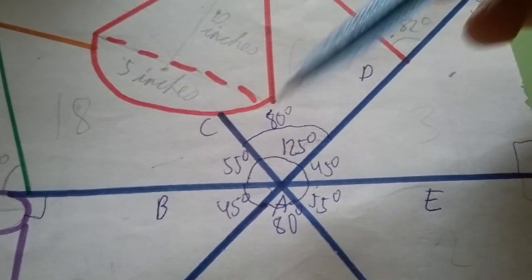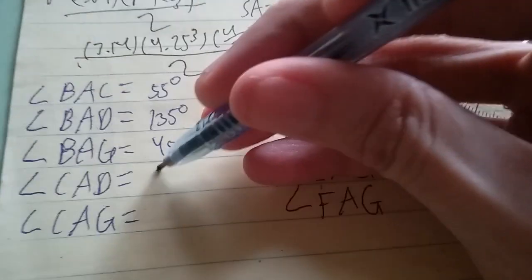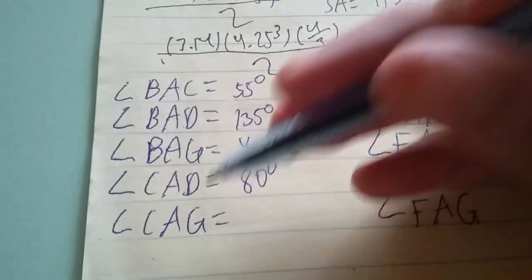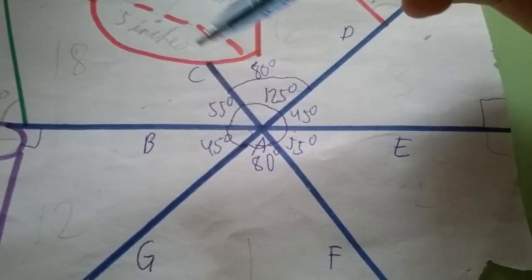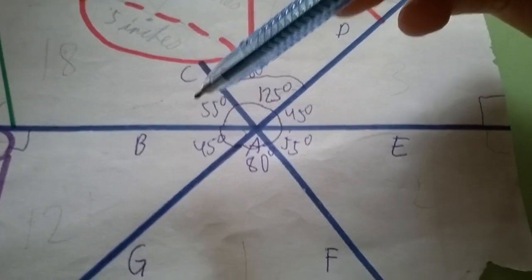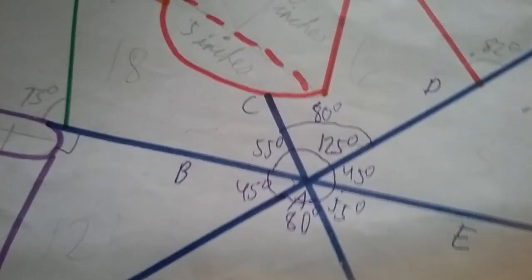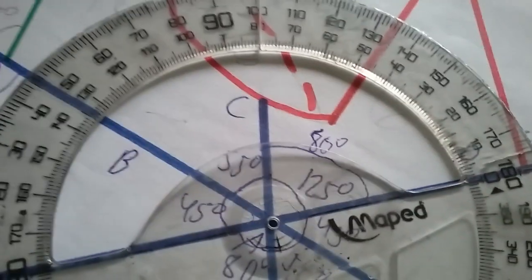Angle CAD. Yup, that's 80 degrees. CAG. You can either add it this way or the other way. 55 plus 45, yes, that's 100 degrees. Check ko with the protractor. Yes, 100 degrees siya.